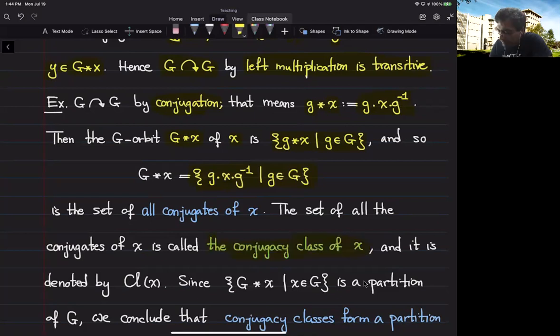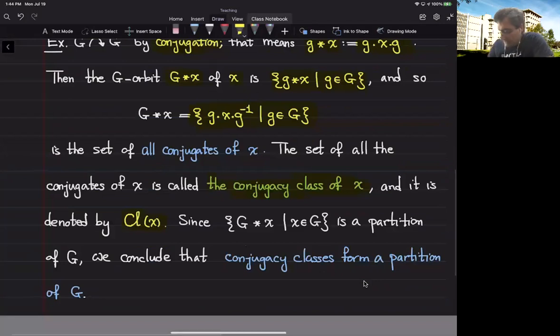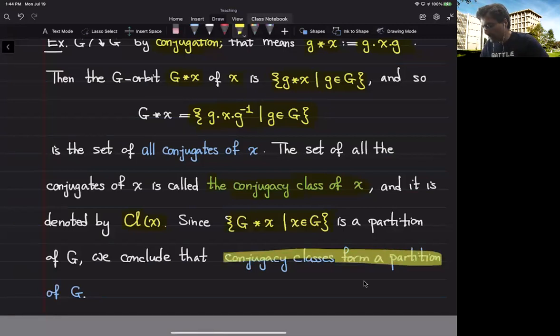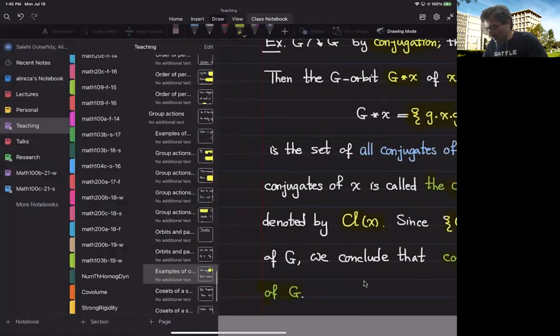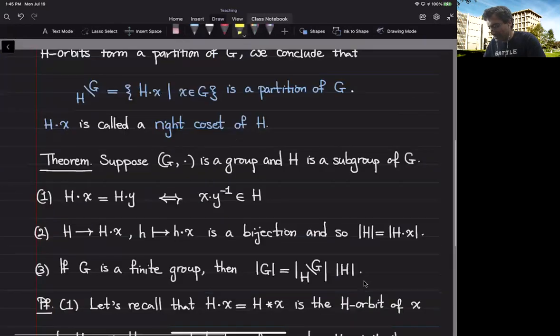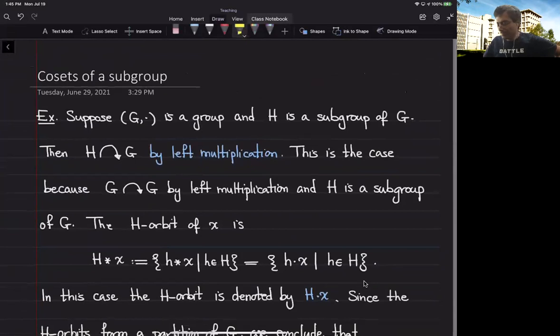We denote it by Cl, standing for class, so Cl of x is the conjugacy class of x. Because the G orbits form a partition, we deduce that conjugacy classes form a partition of the group G. We'll come back to this partition later in the course.